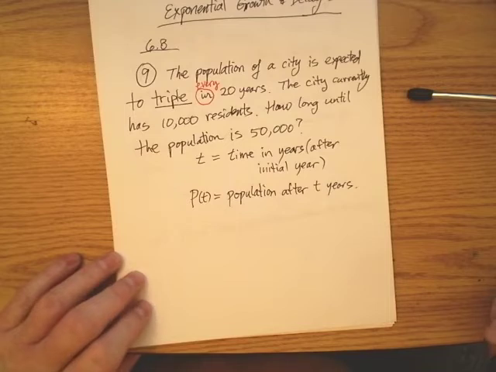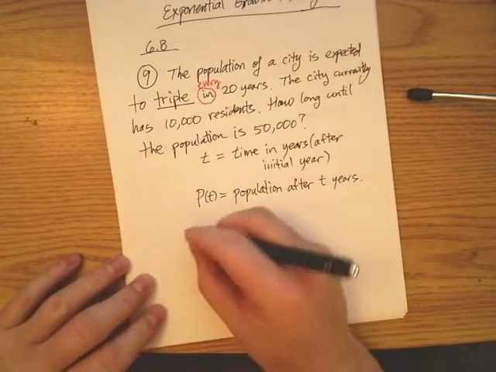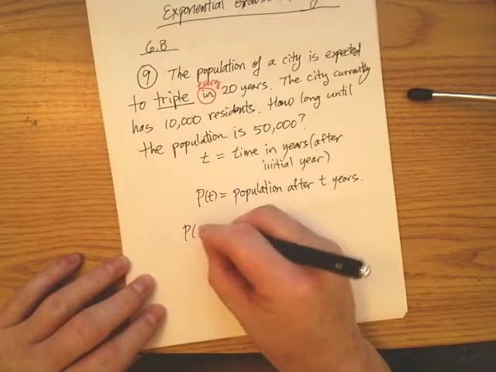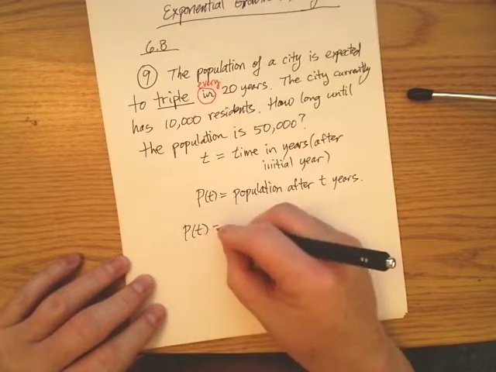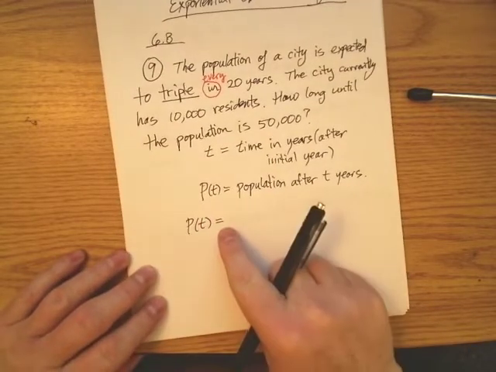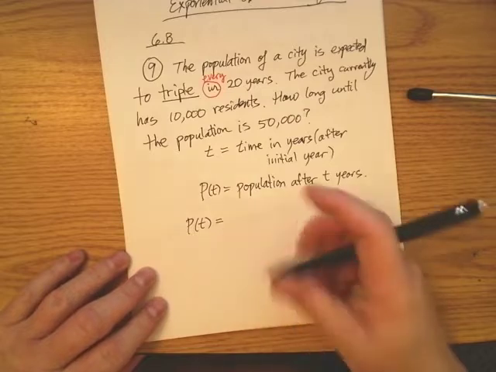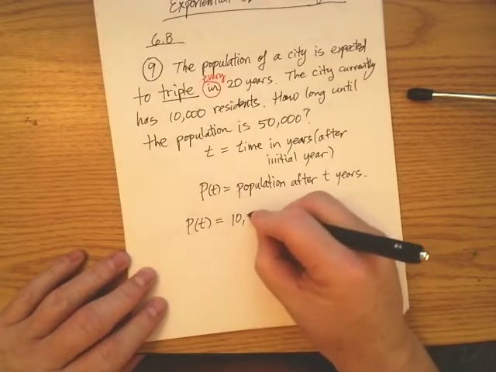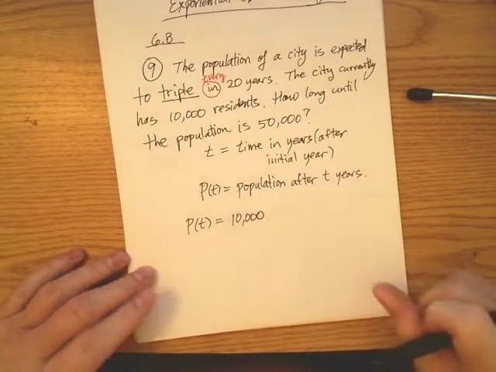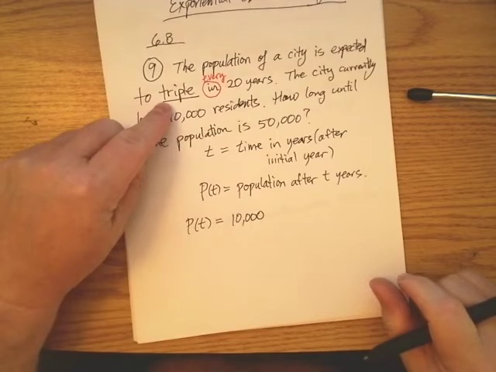Okay, we need a law governing the growth of the population, so we need to write that. And I'll show you how to do this. What you're going to start out here, you have your initial population, which was what? 10,000. And then it's being multiplied by a factor of what? What does it mean to triple something?